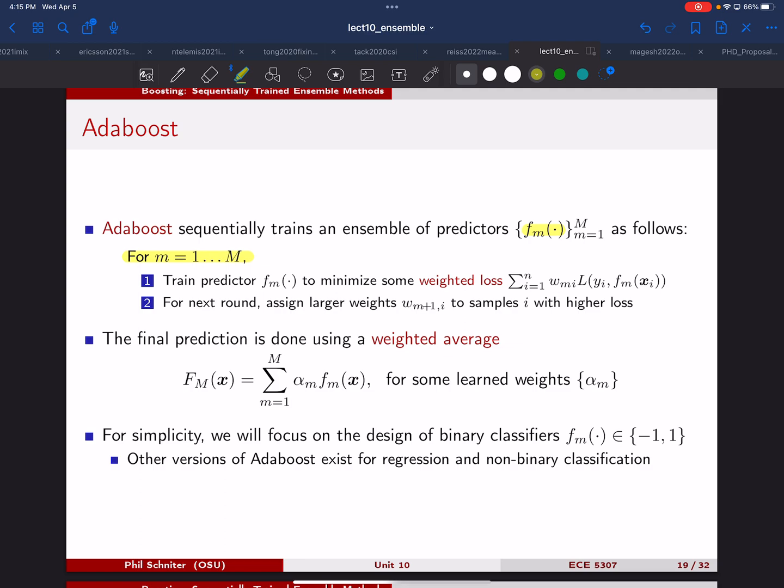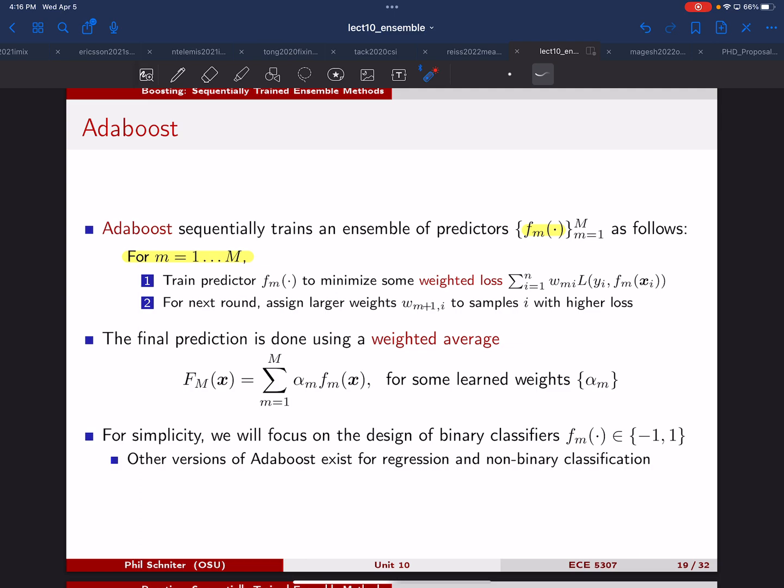We're going to train f_m to minimize a weighted loss. This is some loss that depends on y, the training label, and then f, the prediction. But here's the weight. You can see the weight depends on the training sample i, and it depends on the stage of boosting that we're at.